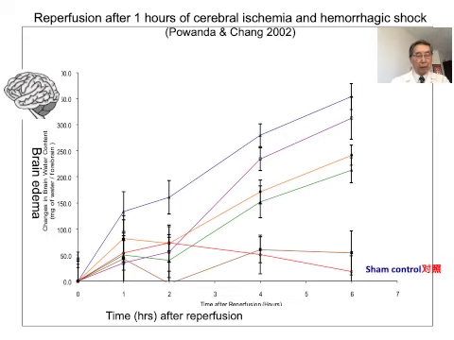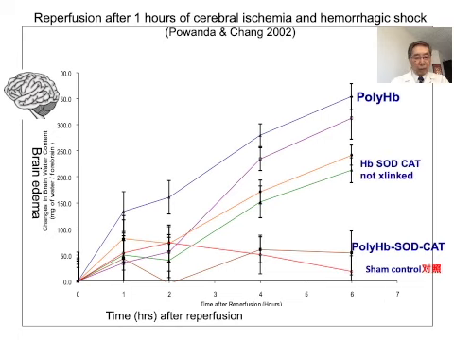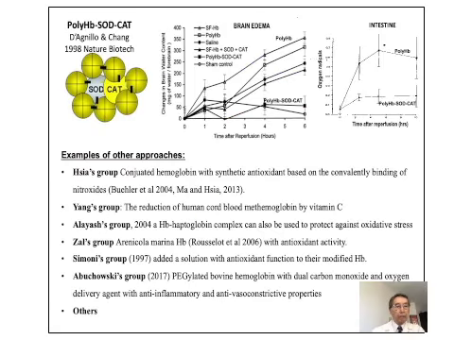The results shown here: control, polyhemoglobin, polymer with the enzyme, showing that it doesn't cause edema. However, you have to cross-link the enzyme. If you don't cross-link it, the enzyme will be removed very quickly. Because of this basic research, a lot of other people started to look at different ways to remove oxygen radical.